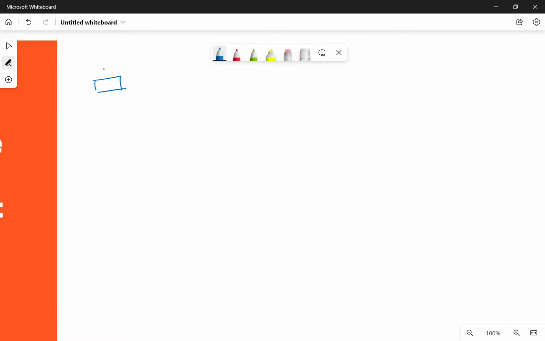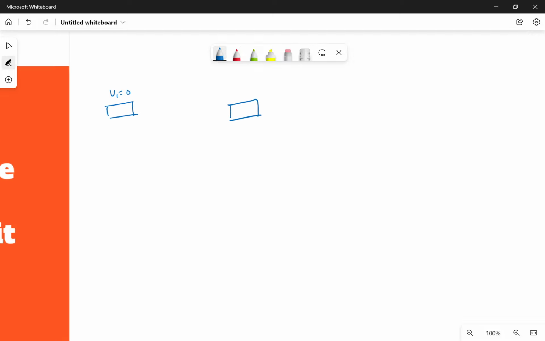Actually, I'll call that velocity 1 so I don't get confused later. Then at point 2 I'll have some velocity, and at point 3 I'll have a higher velocity, so we're seeing that this thing is speeding up.